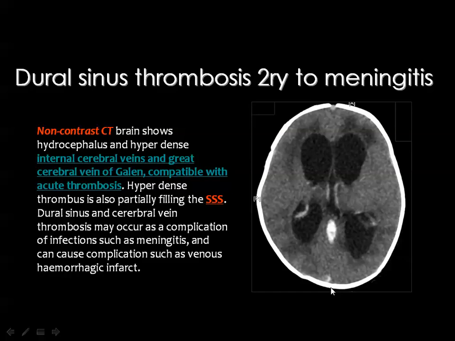Then if the sinus is occluded, you will get hydrocephalus of the obstructive communicating type. Here you can see the dilated ventricles with periventricular edema due to retrograde transependymal CSF filtration. And you know, venous sinus thrombosis is one of the complications of meningitis.